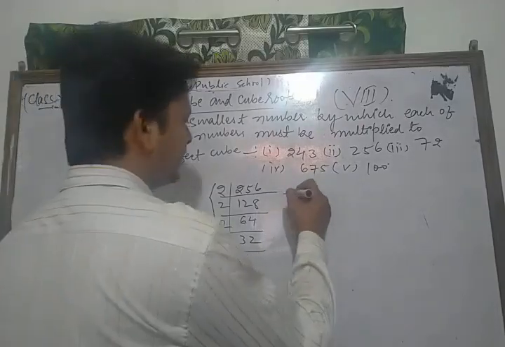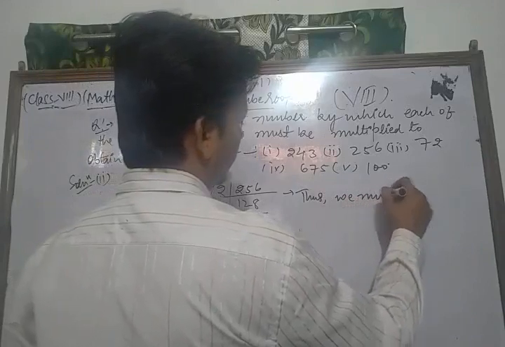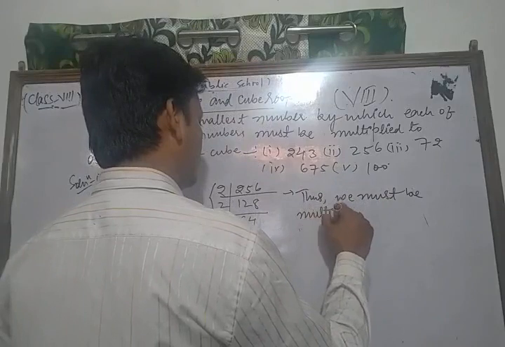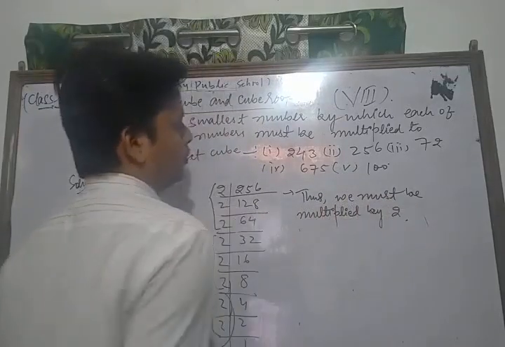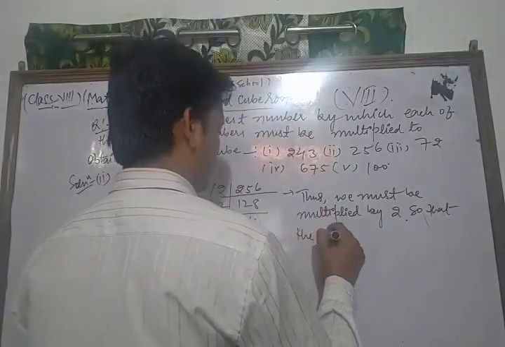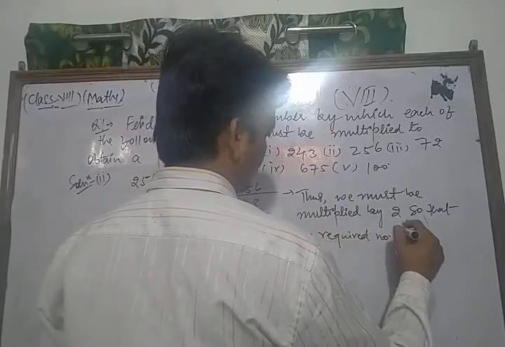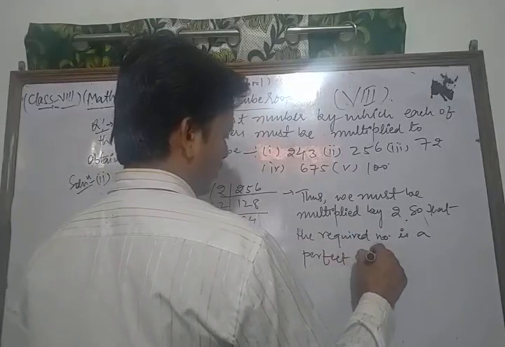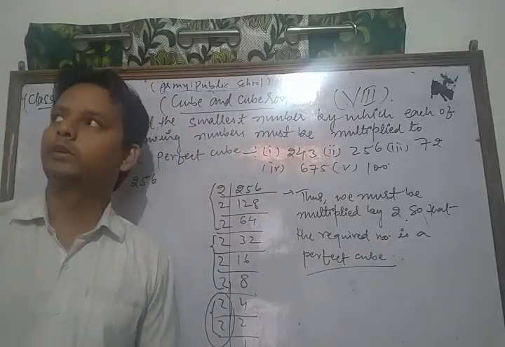So one more 2 is required for the resulting number to be a perfect cube. So we can write: thus we must multiply by 2 so that the required number is a perfect cube.